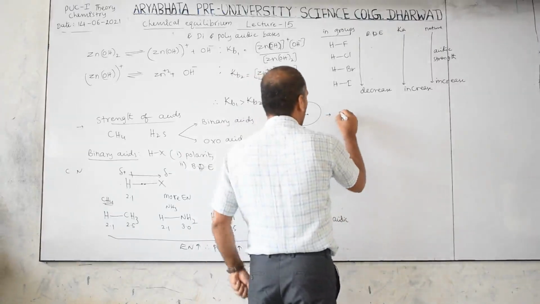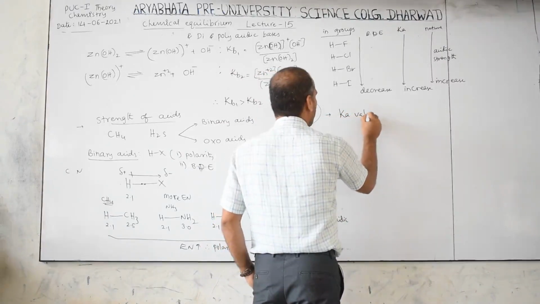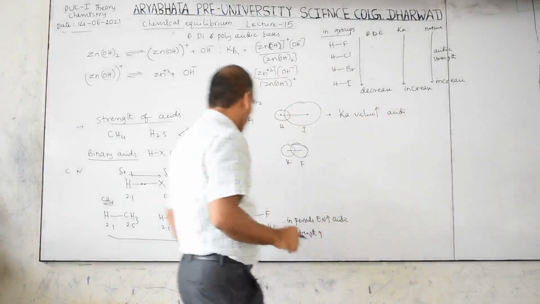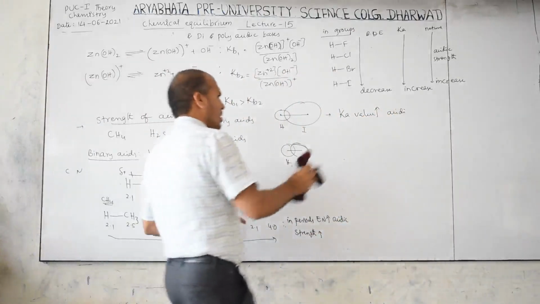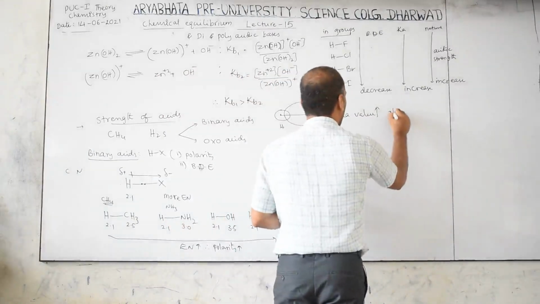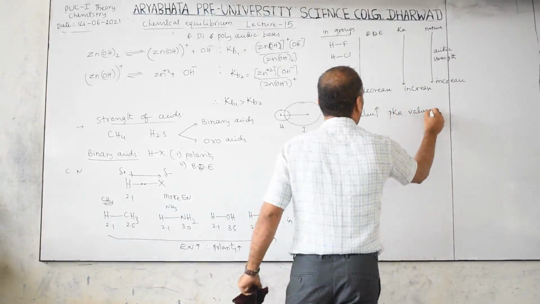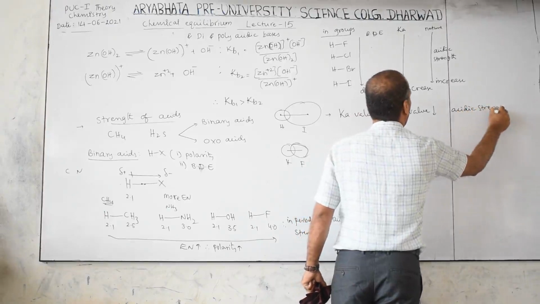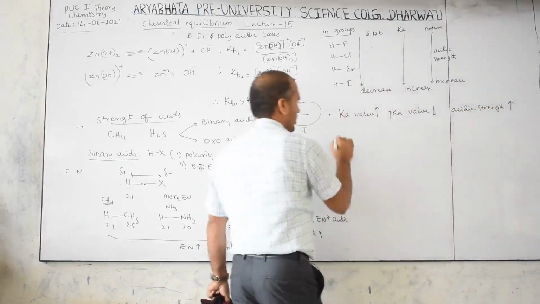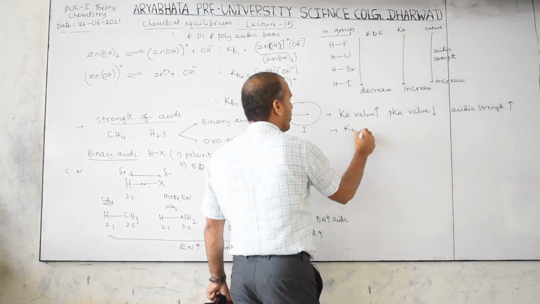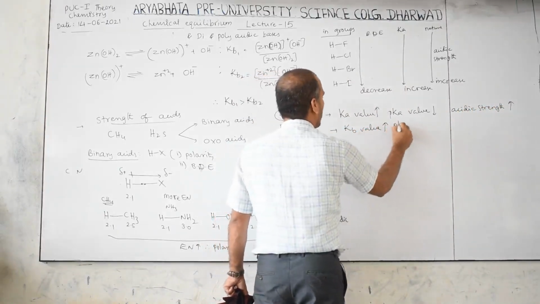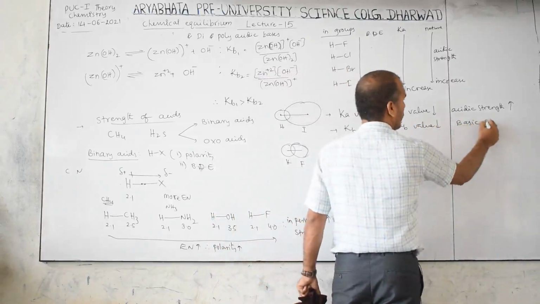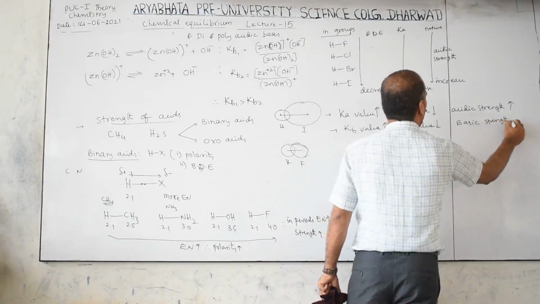And one more thing. Already I told you that as the Ka value increases, acidic nature increases. Here pKa is also there. When the Ka value increases, the pKa value decreases, and acidic strength increases. Similarly, when the Kb value increases, the pKb value decreases, and basic strength increases.